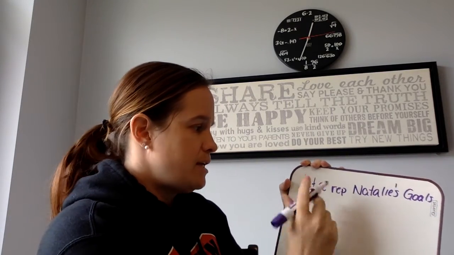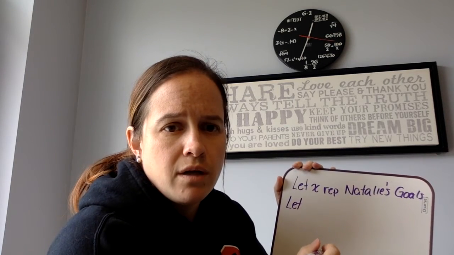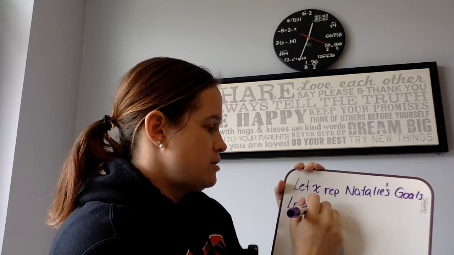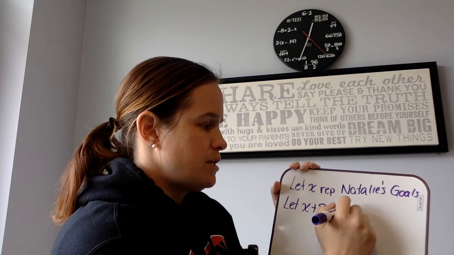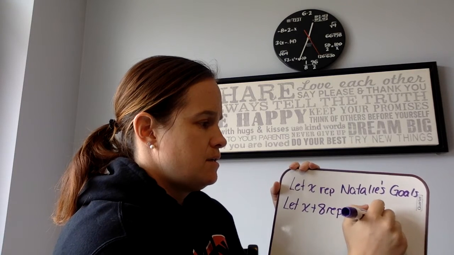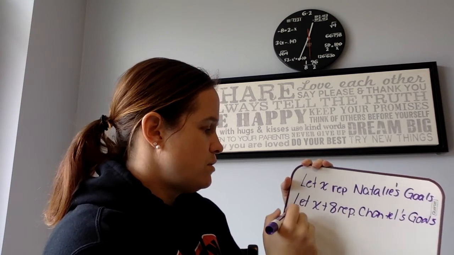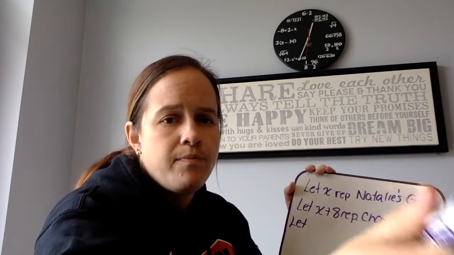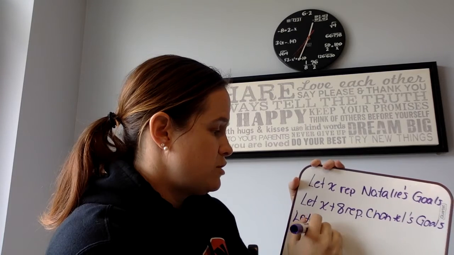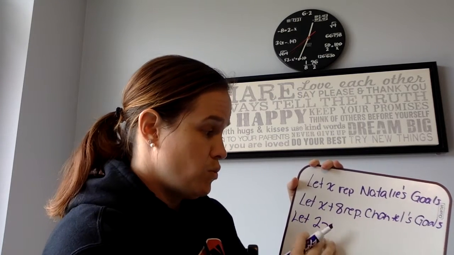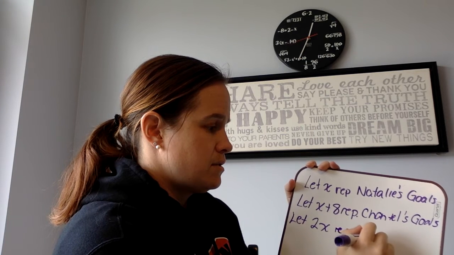So let X represent Natalie's goals. So it says Chantel scored 8 more goals than Natalie. So 8 more is X plus 8, and that's going to represent Chantel's goals. And then Samara scored twice as many as Natalie. So twice as many is 2X, and that will be Samara's goals.